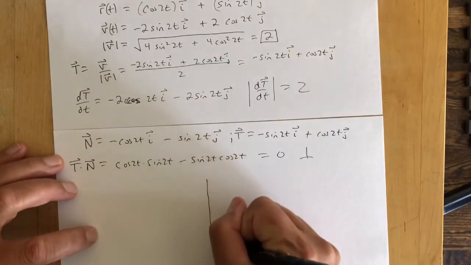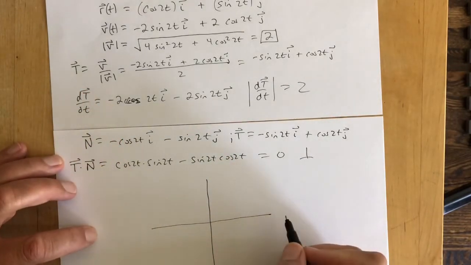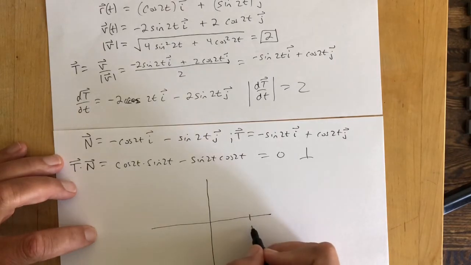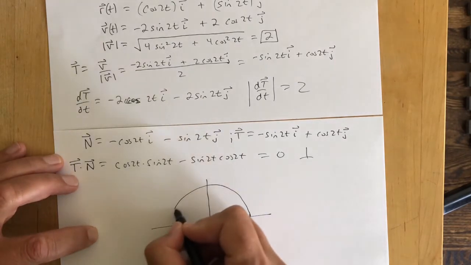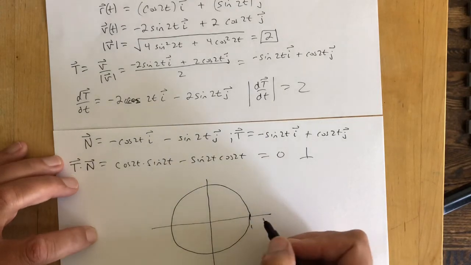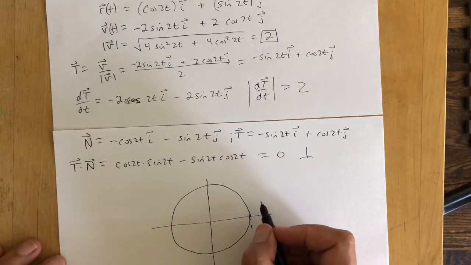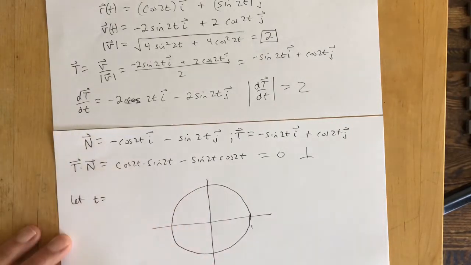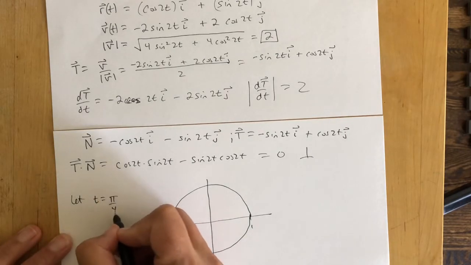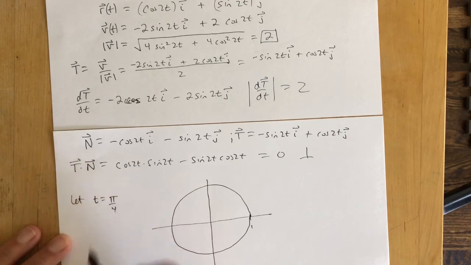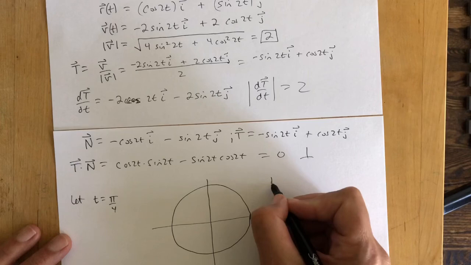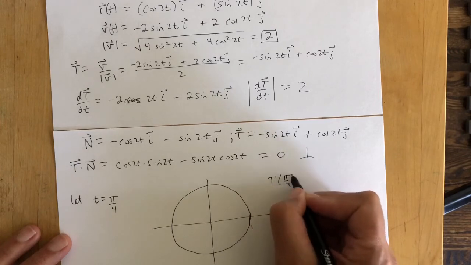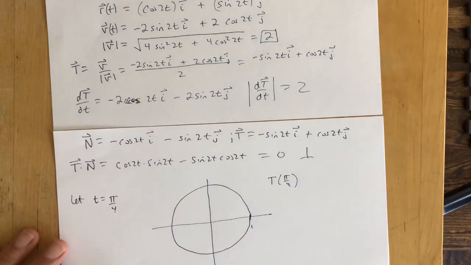Right. And let's look on the circle here. This is just a fancy parametrization of the unit circle. Okay. And let's let t be pi over 4. Right? So what's T of pi over 4? Well, first of all, let's find the point.